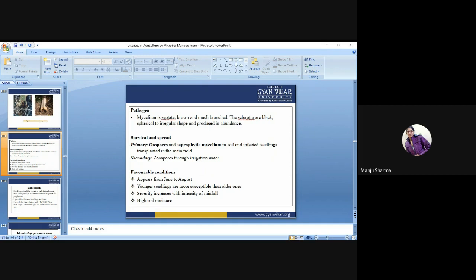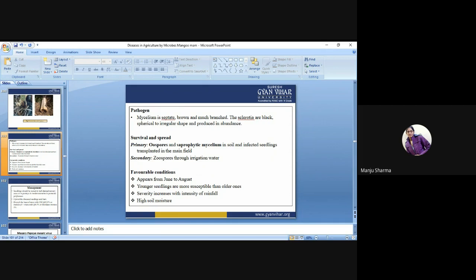Survival and spread. Primary survival is through oospores and saprophytic mycelium in soil, and infected seedlings transplanted in the main field. Secondary spread is by zoospores through irrigation water.